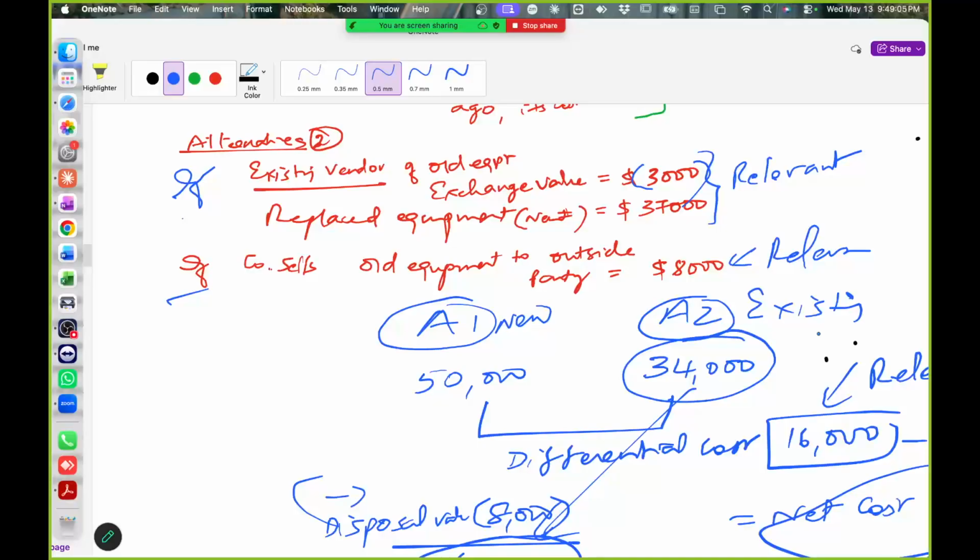Now, as a finance manager, you should be ready for shelling out 50,000. It's up to the management, and they will take decisions not only on these financial recommendations. I told you many times, non-financial considerations.